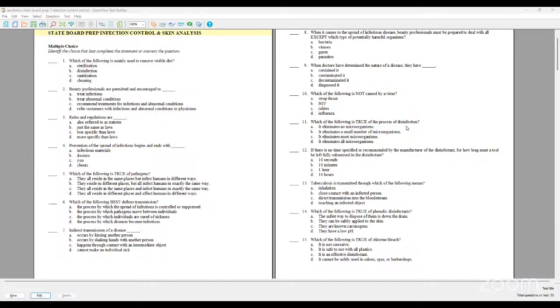Basically, what's the maximum time allowed for your dirty tools to sit in the wet disinfectant solution? It is going to be 10 minutes.